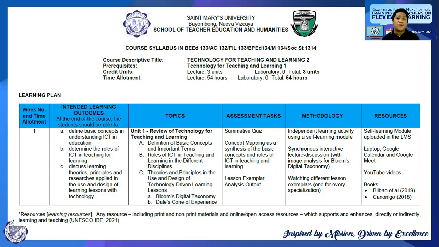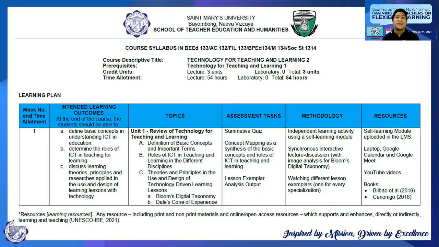That's exactly the format. You have the course syllabus, you have the header, you have the course descriptive title, prerequisites, credit units, time allotment. It's simply the same with our existing OBE syllabus. And then we simply have to put here a part of our learning plan. Now, I will not limit you to one chapter.